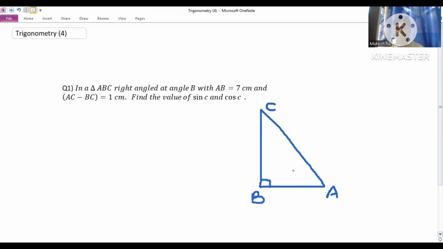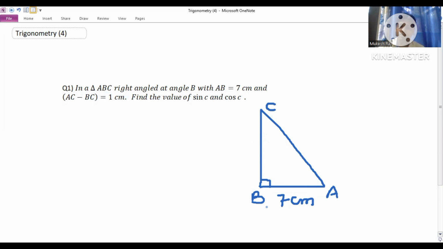With these parameters, it is said that side AB is 7, so I'm marking it with 7 centimeters. Now, once we have marked this, the problem is that none of the other two sides are given to us. Neither the hypotenuse, that is AC, nor the side opposite to the angle A, that is BC.